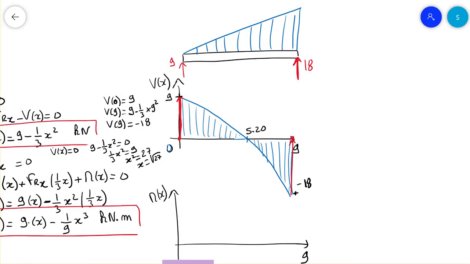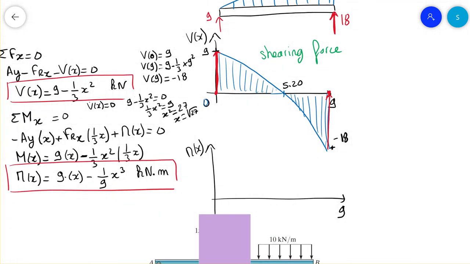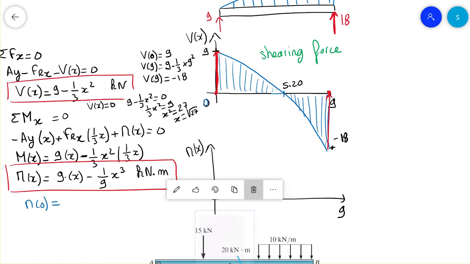So let me write that the shearing force, that was the load, the distributed load, and now let's do the moment. That's this equation. So what we can see, if we do the moment about 0, if we replace x by 0, we find 0. The moment at 9, how much do we find?